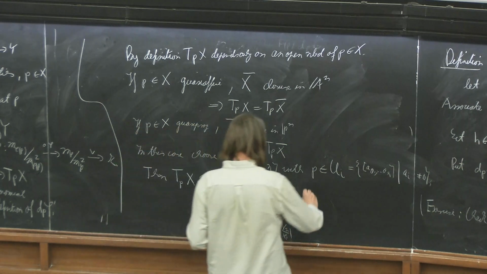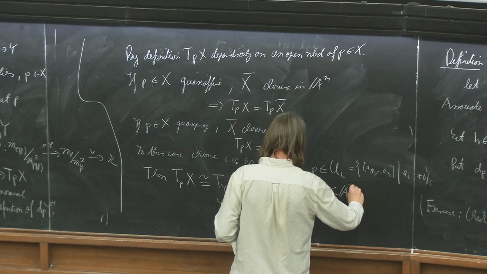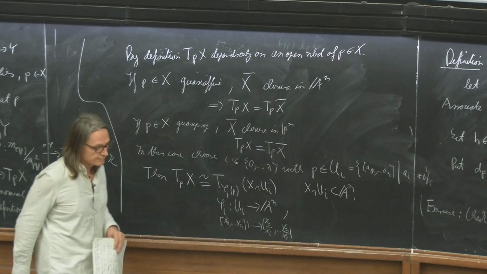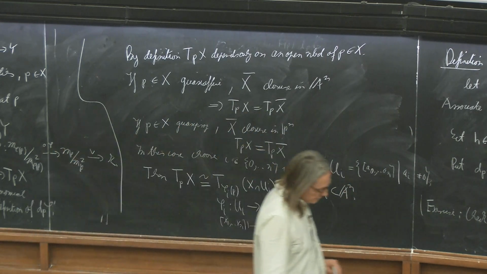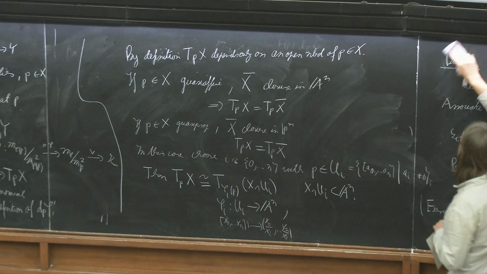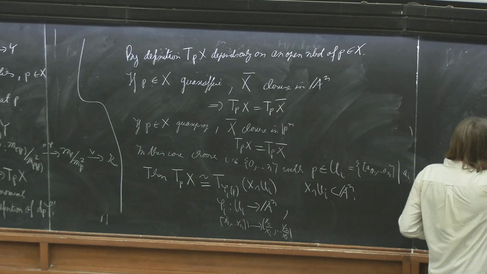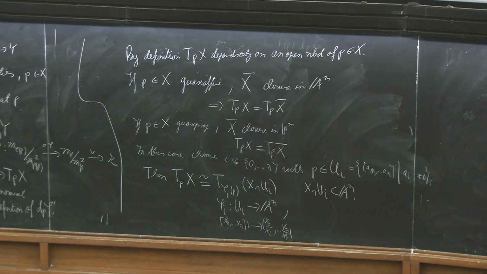And X intersected U_i lies in A^n. So we have reduced to the affine case. In particular, one can in principle always assume that this i is equal to 0, and then it's just like you did in one exercise, which has to do with the dehomogenization of the ideal.